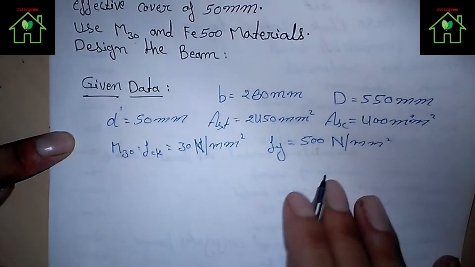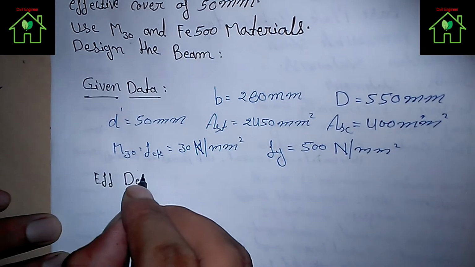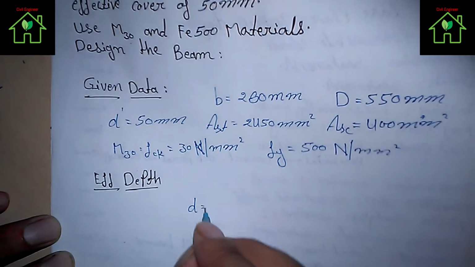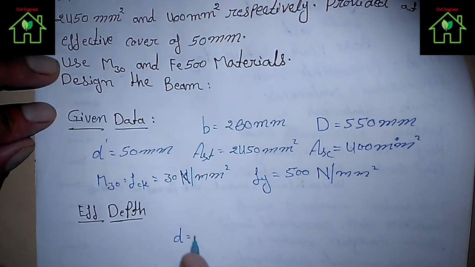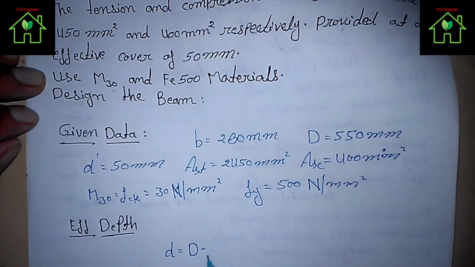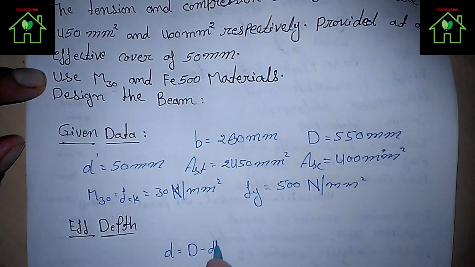So first of all, we will calculate the value of effective depth. So what is the formula of effective depth? d is equal to total depth minus effective cover, d dash.